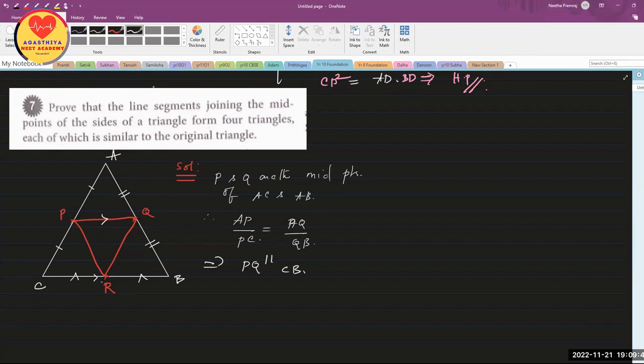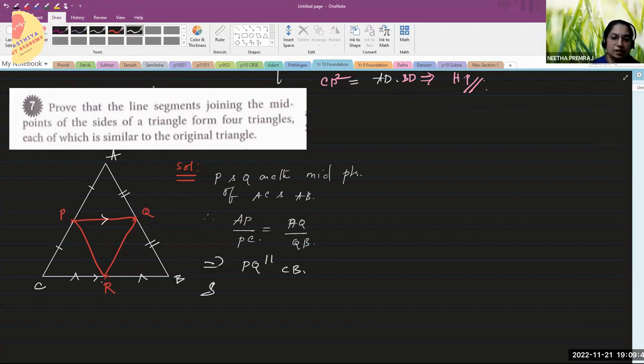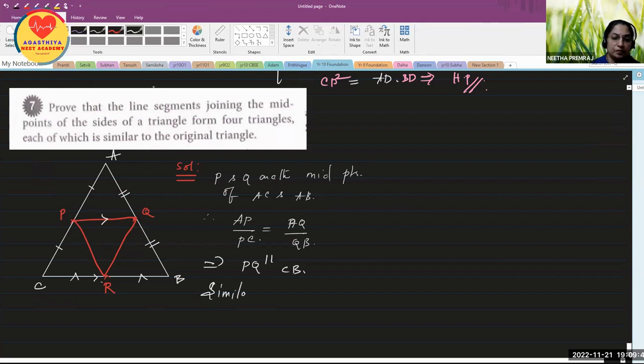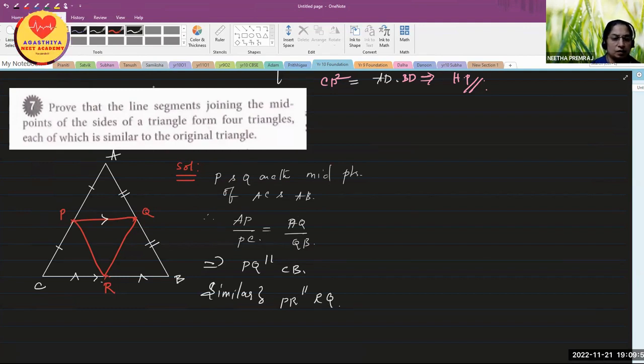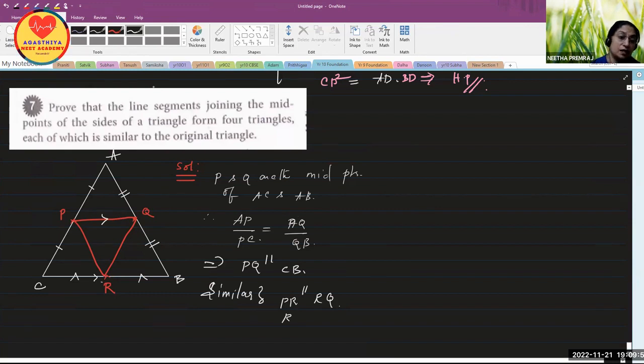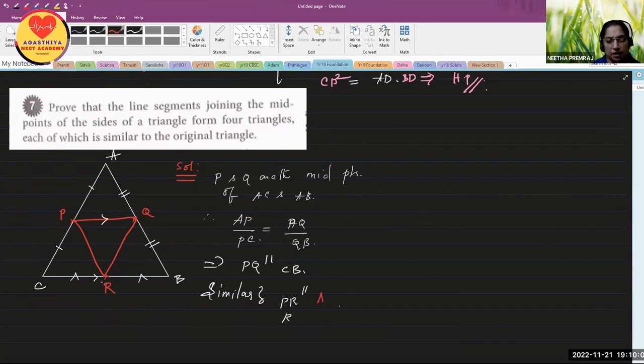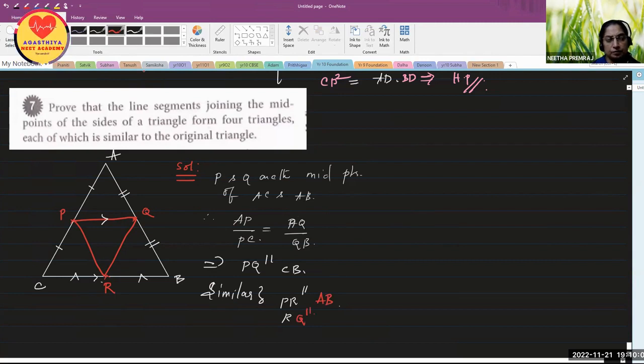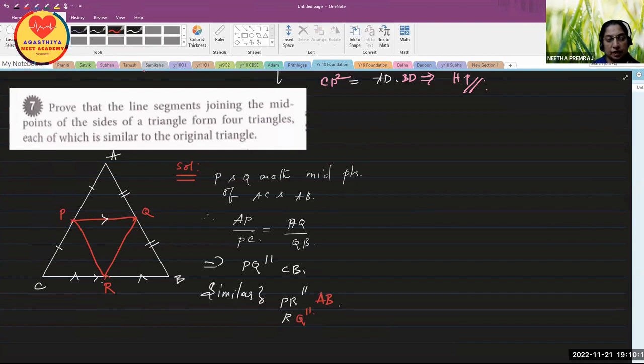Okay, similarly, you can write PR is parallel to AB, and RQ is parallel to what? Guys?